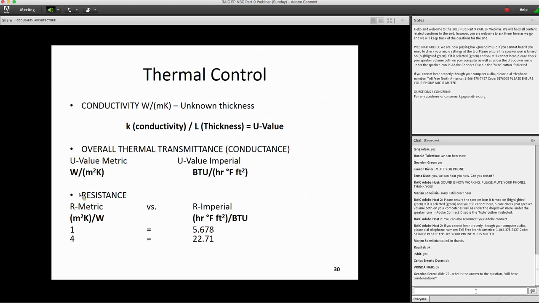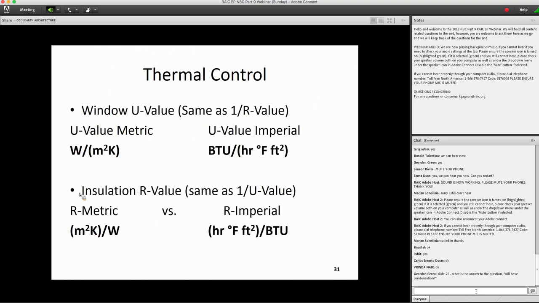For the conversion between metric and imperial, you can see there 1 equals 5.678. Usually in the code, we use U values for windows and R values for assemblies. They're the same thing, just the inverse; each one is the inverse of the other.